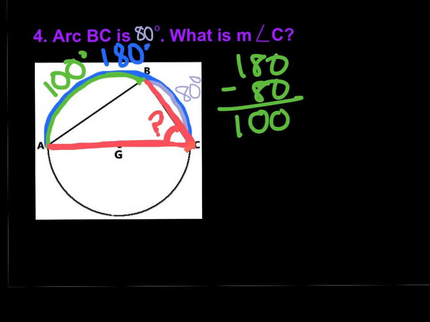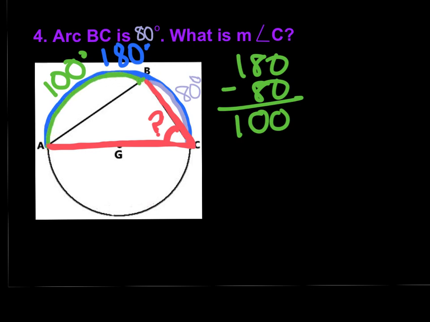And, well, what is the relationship between an inscribed angle and its intercepted arc? Well, we know that the inscribed angle is half of the intercepted arc. So forget about everything else on the picture. Let's just worry about the inscribed angle and this green arc, AB.